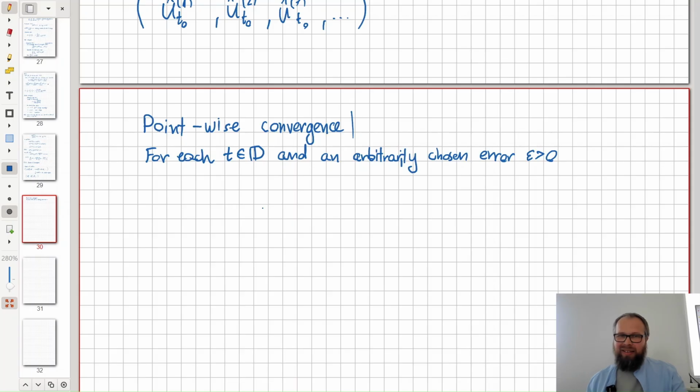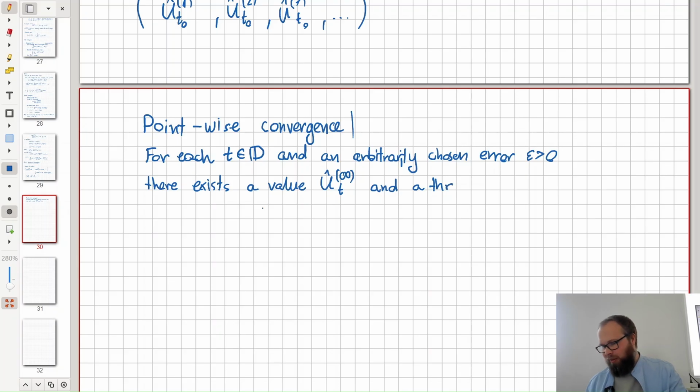There exists a value u_infinity, the same kind of notation convention we used in the previous lecture, and a threshold. Threshold is a difficult word.